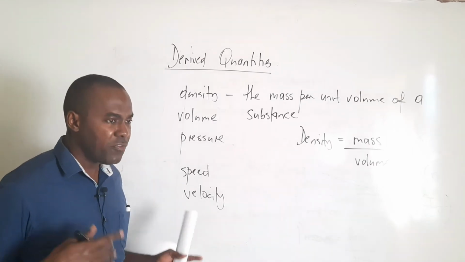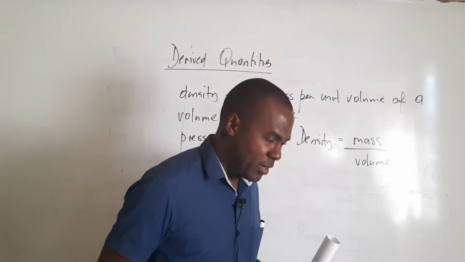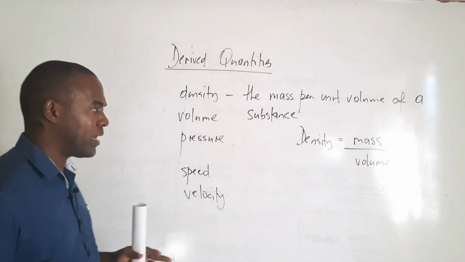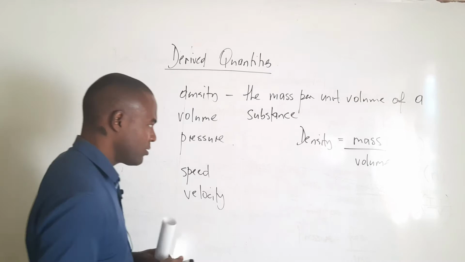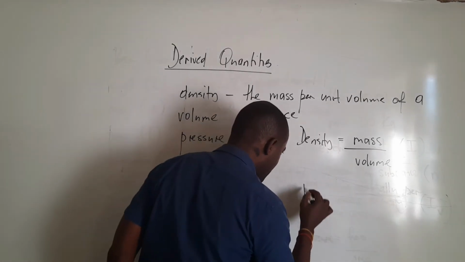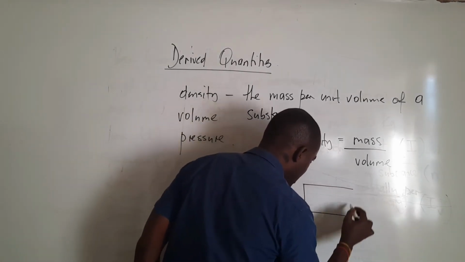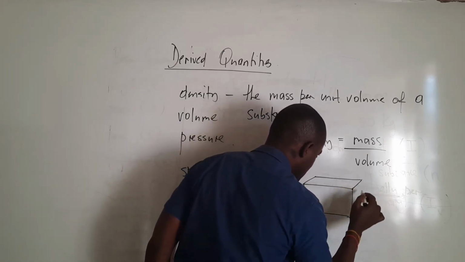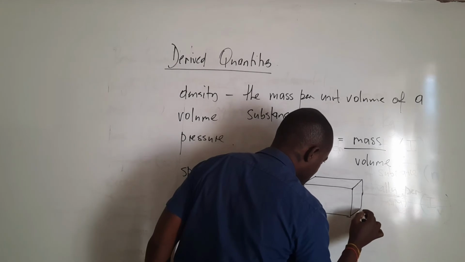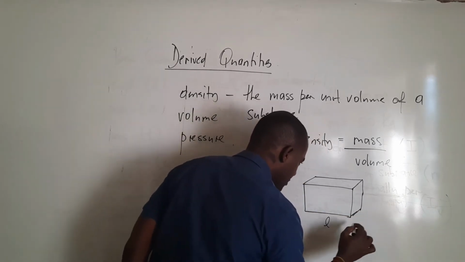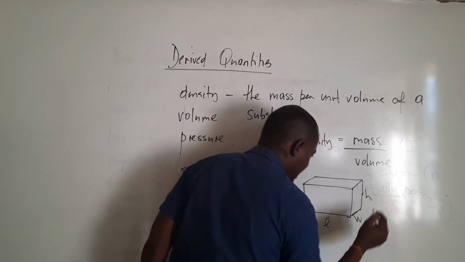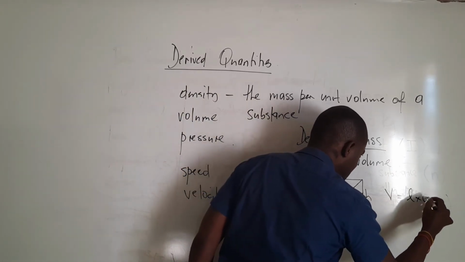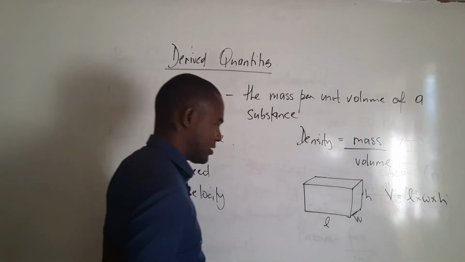Now, what is the formula for calculating volume? The formula for calculating volume may vary, of course, depending on the shape of the particular object. So, for instance, if we're talking about a cuboid of length L, width W and height H, then the volume V is equal to the length times the width times the height.